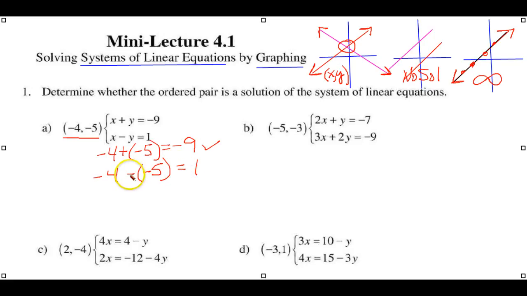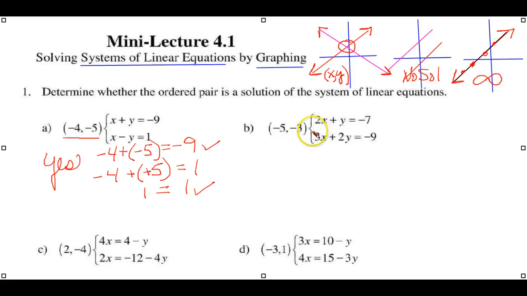Well, when we have the opposite of a negative, these change the signs, and we have 1 equals 1. So this checks. So your answer to is this a solution for this system of equations? The answer is yes.